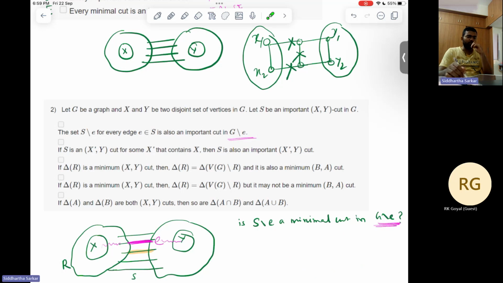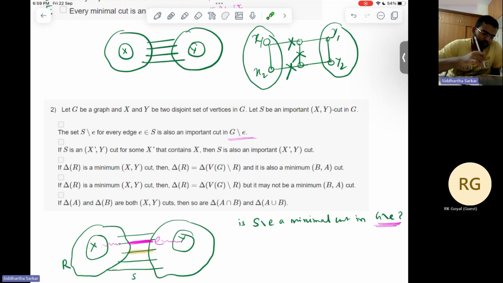So this is not only a cut, this is also a minimal cut. That makes sense, right? Yes, this is correct.